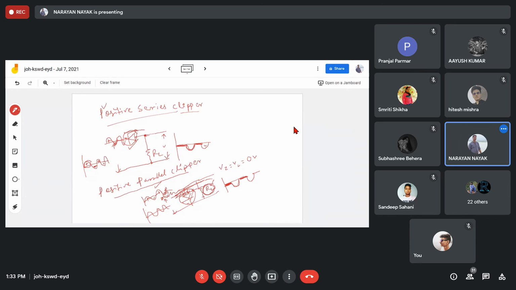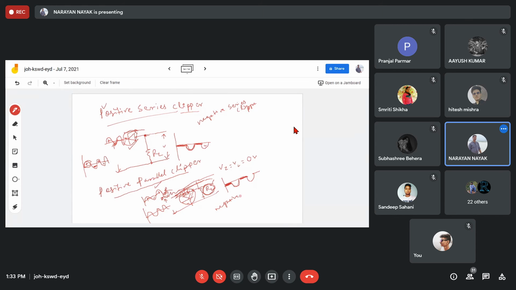Very good. Now this is your positive series clipper and positive parallel clipper. Similarly, you can draw the negative series clipper and negative parallel clipper.